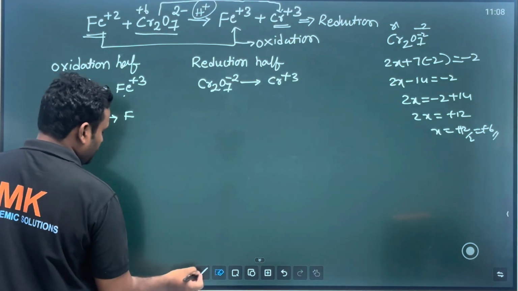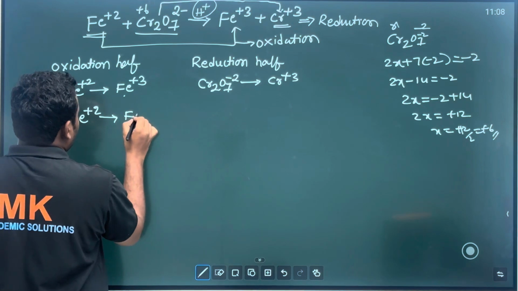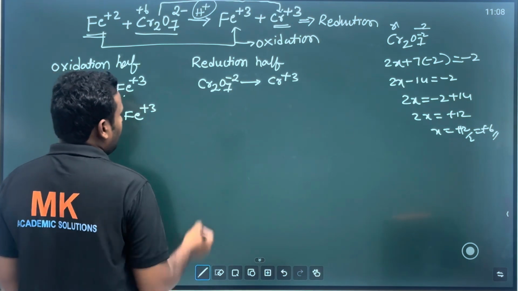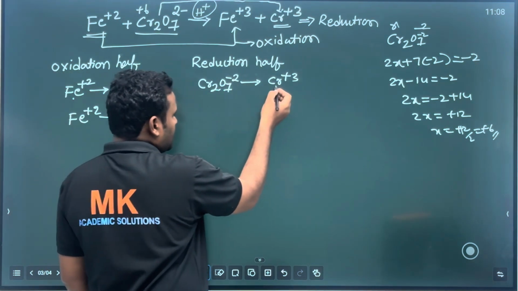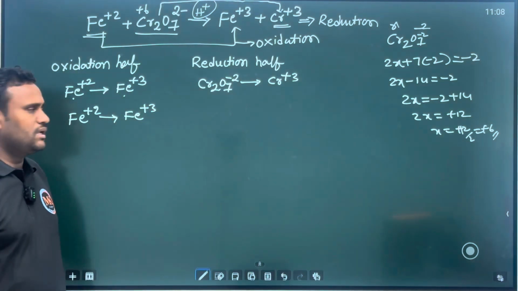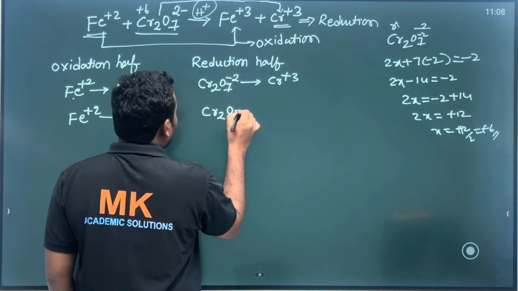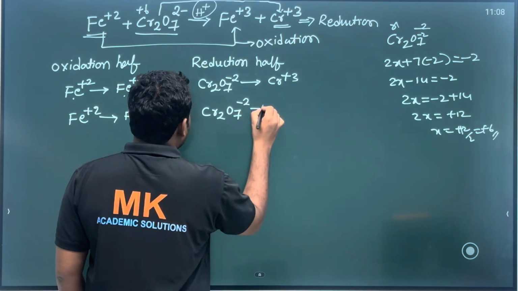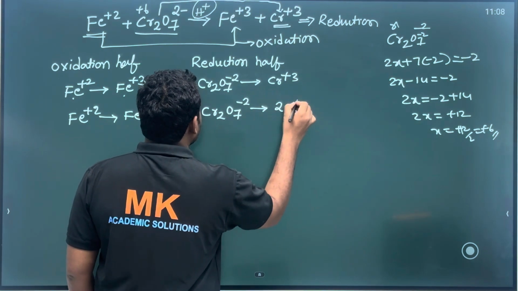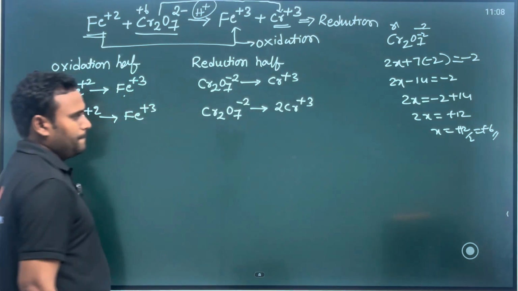But here two chromium atoms are there, and here only one chromium atom is there. So what do you need to do here? Cr2O7 minus 2 gives rise to 2Cr plus 3.